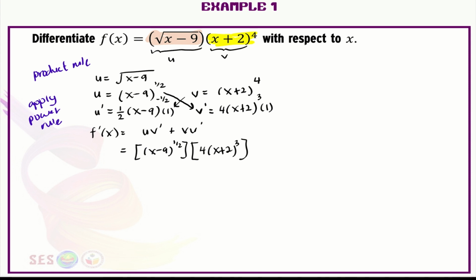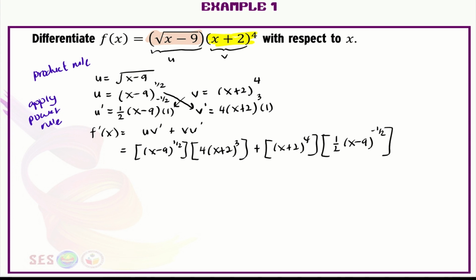I'm not going to write the constant 1 there because it will not affect the function. Plus vu prime, so we have here (x plus 2) to the power of 4, and our u prime is 1 over 2, (x minus 9) to the power of negative 1 over 2.